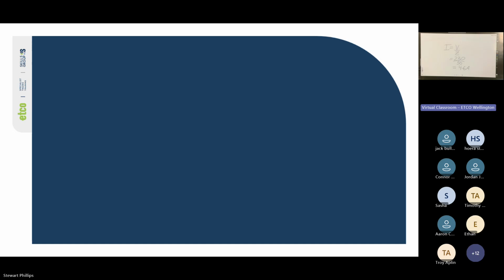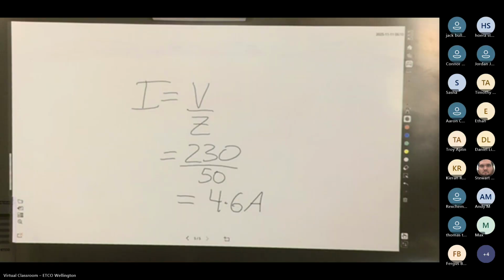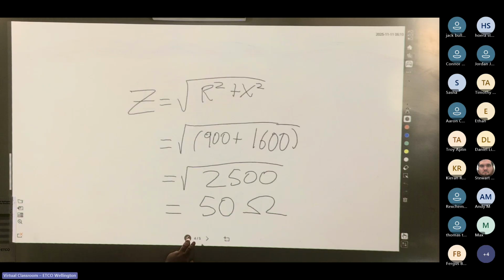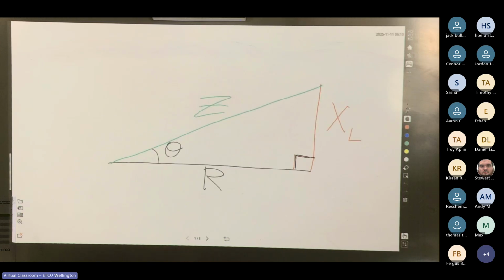So we'll go back to the whiteboard. I've kind of already shown this before, but if we have a longer base, the angle is shorter.